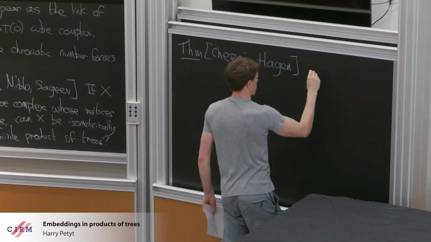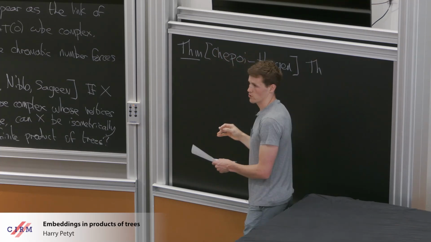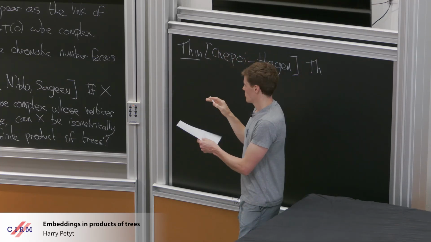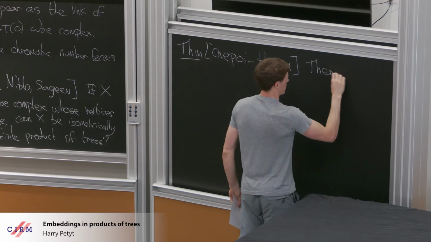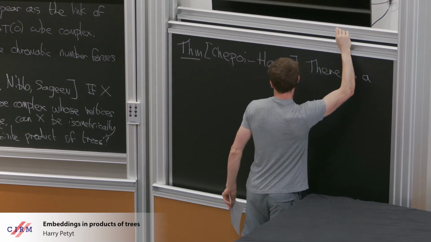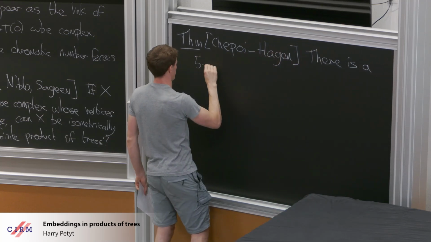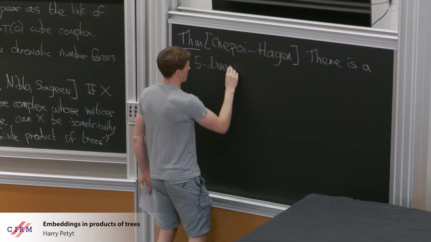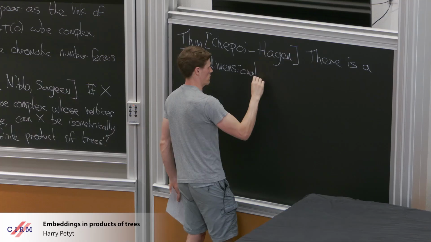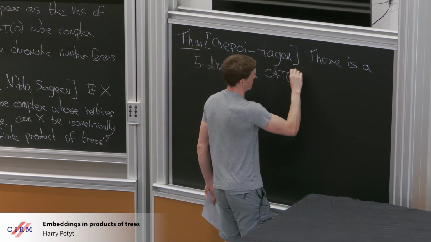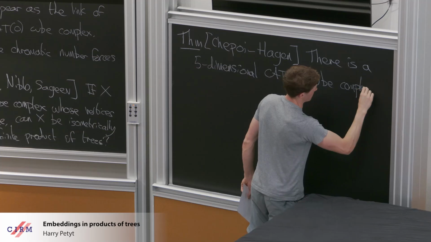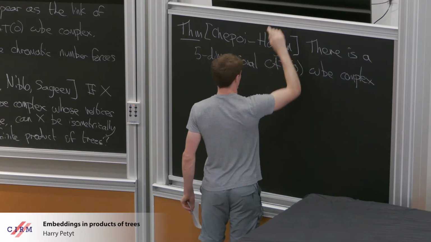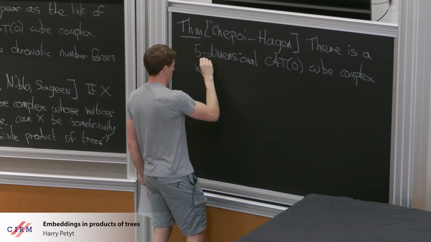They gave an example of a 5-dimensional cube complex that shows that the answer to this is no. So there is a 5-dimensional CAT(0) cube complex whose vertices have degree at most 72.